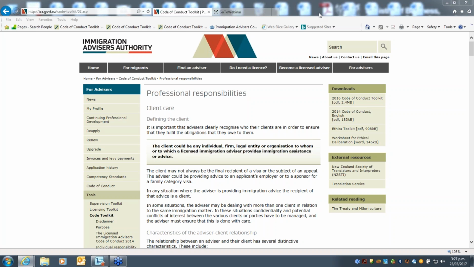So if you're using a professional interpreter, and let's assume it's face-to-face, or even if it is over the phone, you need to have guidelines in place so that the expectation is that the interpreter is interpreting exactly what you are telling the client, and that's the kind of service you'll get with a professional interpreter.